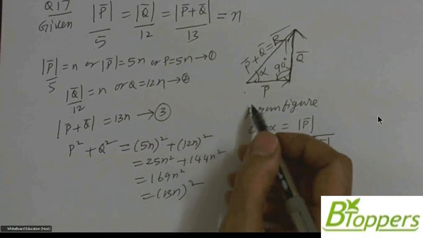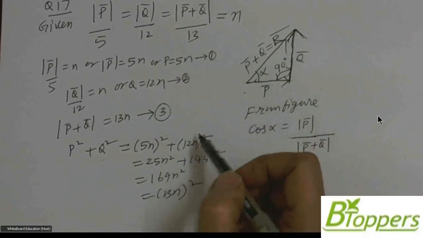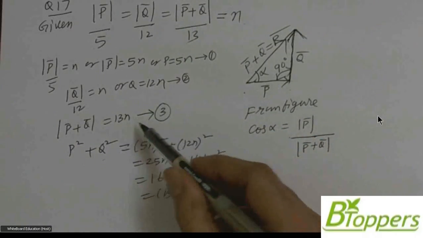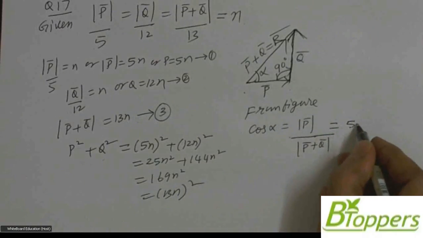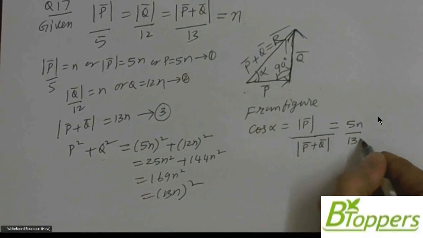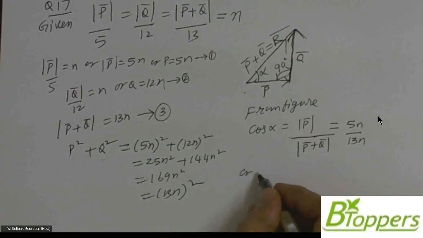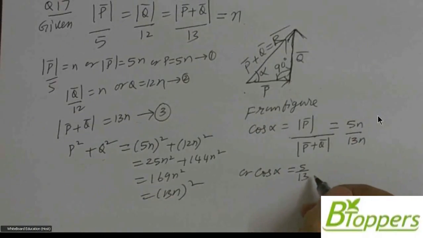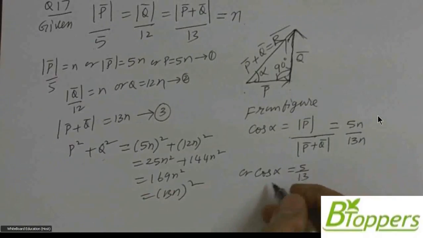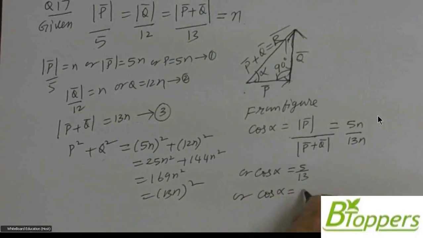Of course, you can even calculate sin alpha also to find alpha. Magnitude of the resultant of p bar and q bar is 13n. So we got 5n by 13n. That means cos alpha is equal to 5 by 13. That's already given in the problem that 5 by 13 gives you the value of sine 23 degrees.